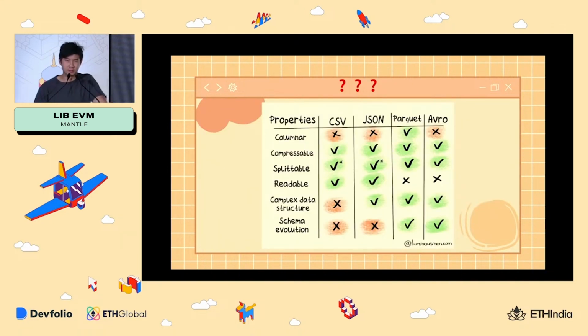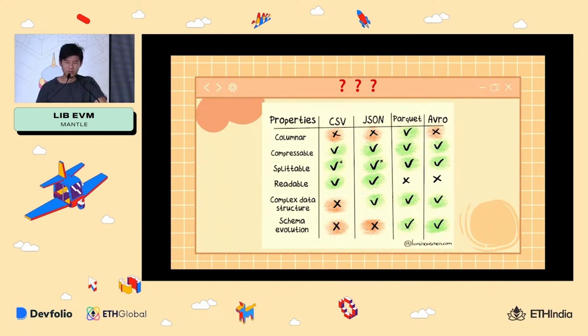Yeah, so this is just a brief overview of the differences between CSV, JSON, Parquet, and Avro, which I'd never heard of until I put this picture in. But Parquet fulfills a lot of criteria. It's compressible, it's splittable, it supports complex data structures, for example binary or even bytes. It supports strings. It supports lists of strings.